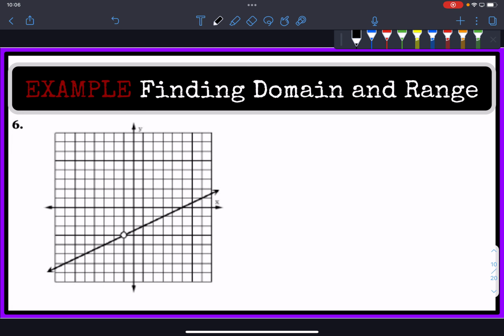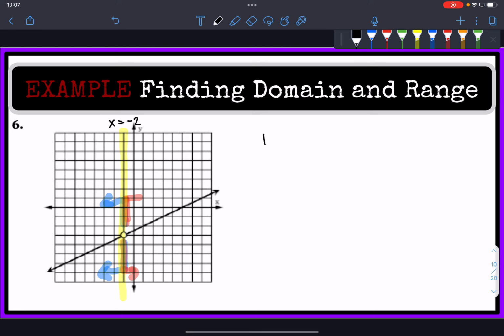Now for an example like this, there's two ways to think about this. We consider this again as a piecewise function where we have a piece to the left and we have another piece to the right. So since this vertical line right here exists at x is equal to -2, then there's two possibilities.